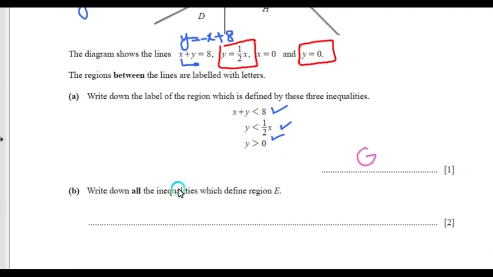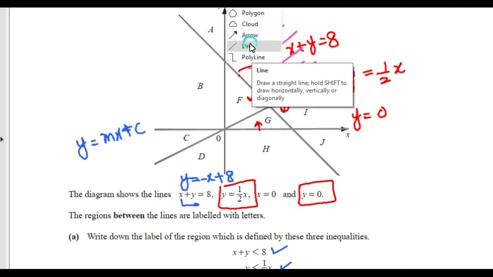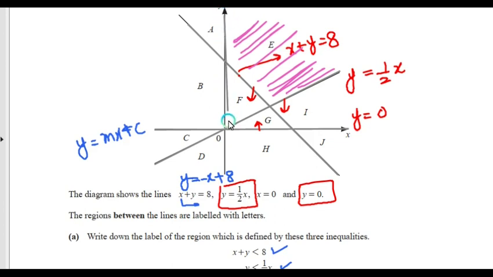Okay, the next: write all the inequalities which define region E. So where is region E? Region E is this, right? So obviously the first line should be this, the second line should be this, right?